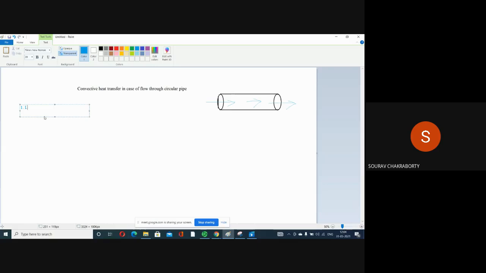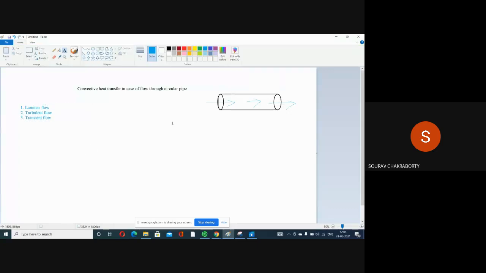One is laminar flow, then turbulent flow, and then transient flow.